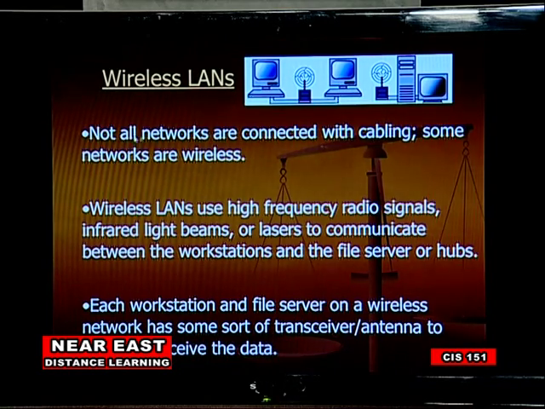So not all networks are connected with cable. Some are connected with wireless. Not all computers are connected by cables. We can connect them by satellites or microwaves or wireless, as we see here. Wireless LANs use high frequency radio signals, infrared light beams or lasers to communicate between the workstation and the file server or hub.